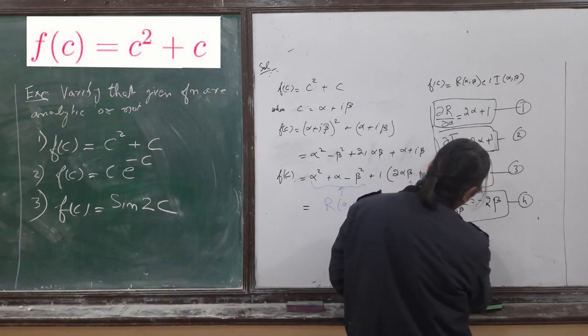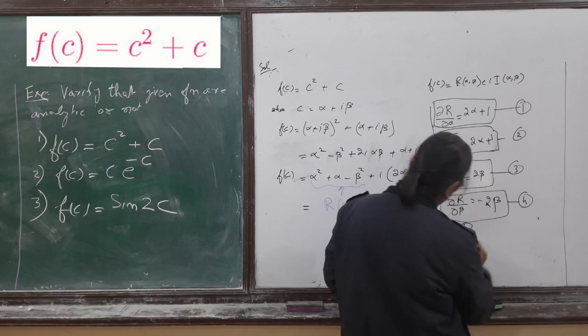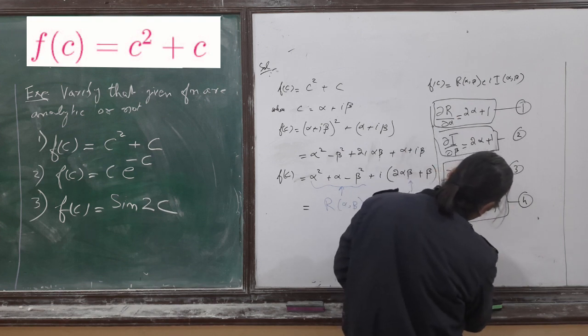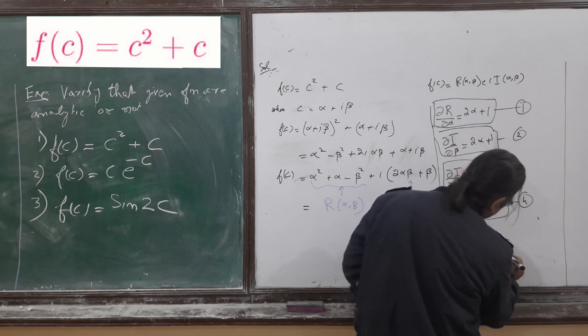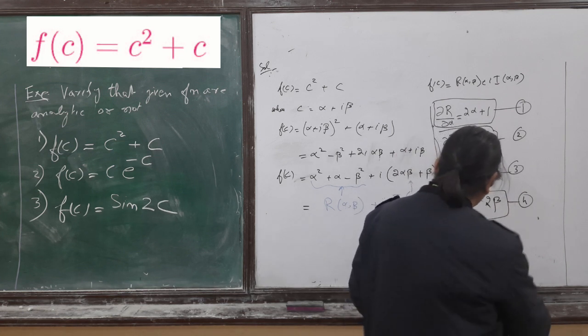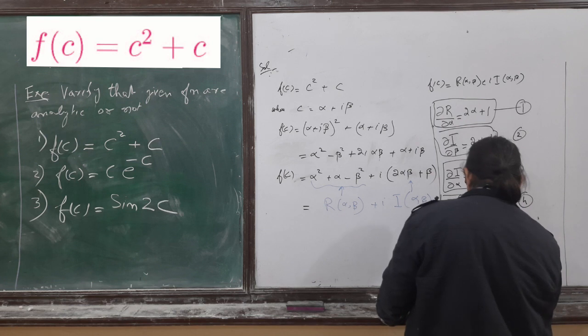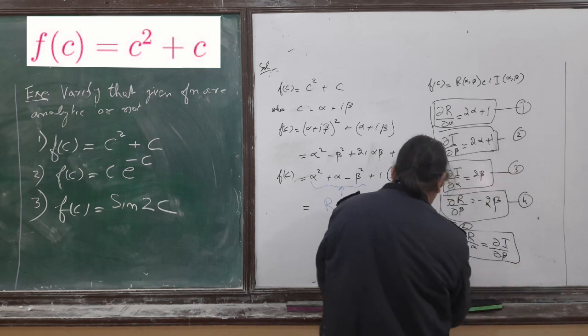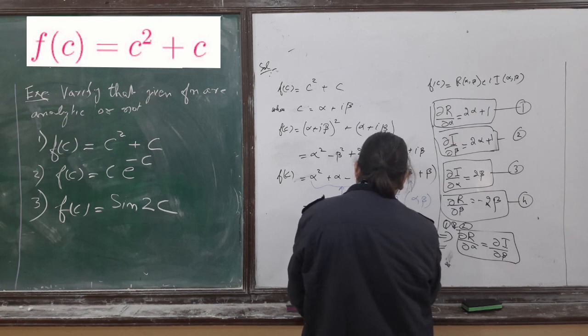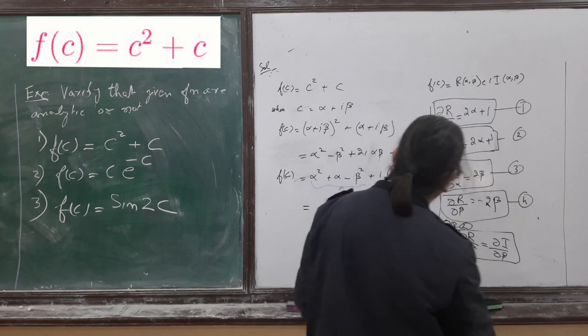1 and 2 imply that partial R over partial alpha is equal to partial I over partial beta. And 3 and 4, what do they imply?